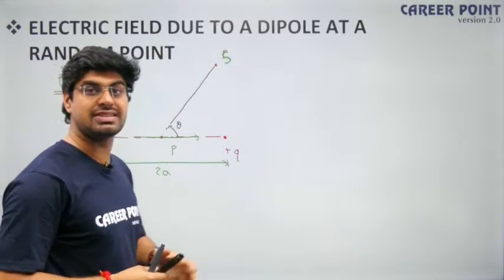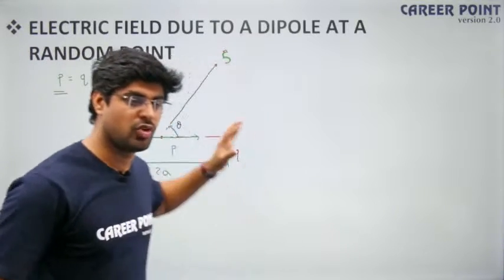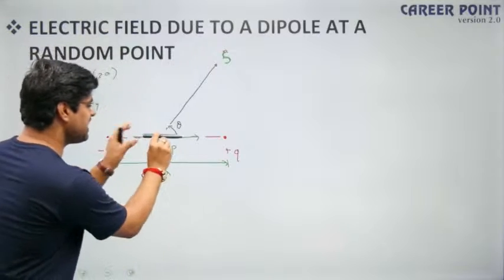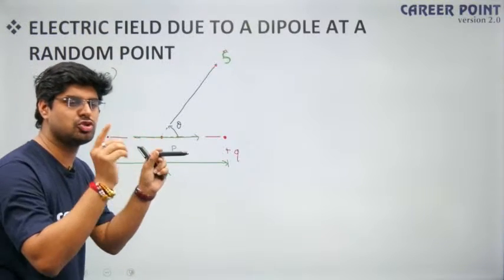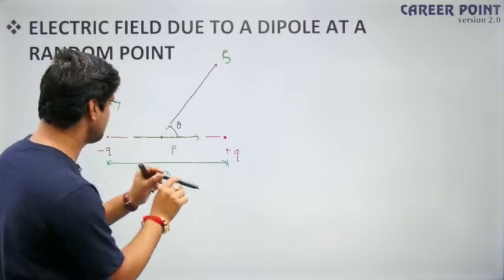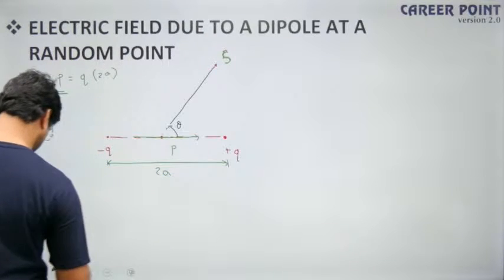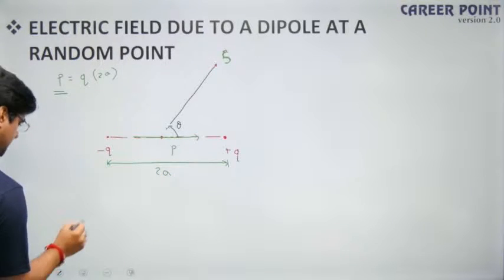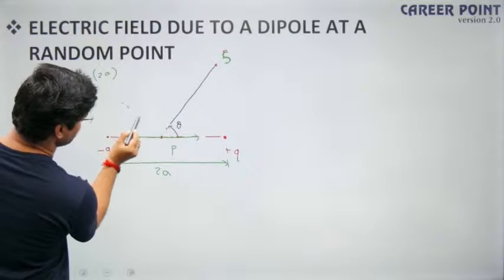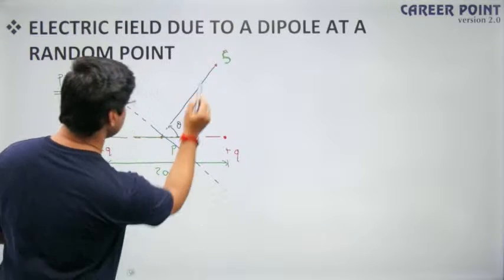If you are not able to understand what I am trying to convey, focus here. This is my dipole moment P. I am taking two components of this dipole moment. How? Focus. So this is a direction perpendicular to this line.